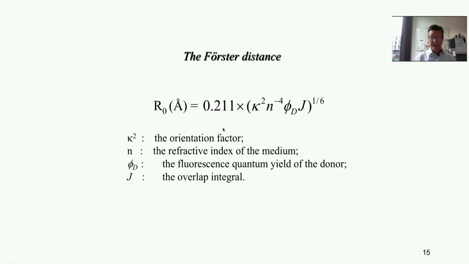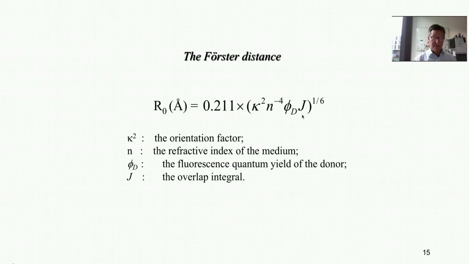Now the Förster radius, you can actually calculate it from separate quantities. And this is the equation to do that. And this is for an overlap integral in nanometers. You have to be careful of the units. But basically it contains this kappa factor, which is about the orientation of the two chromophores, the refractive index, the quantum efficiency of fluorescence of the donor, and this overlap integral.